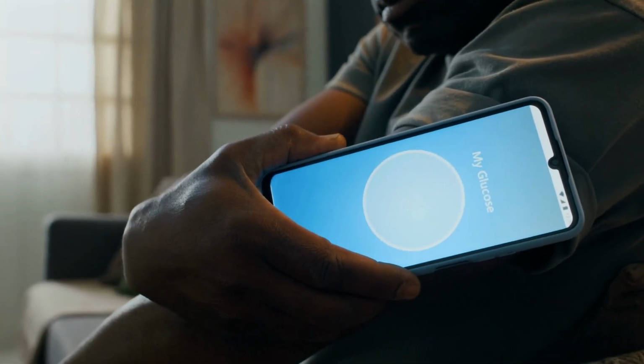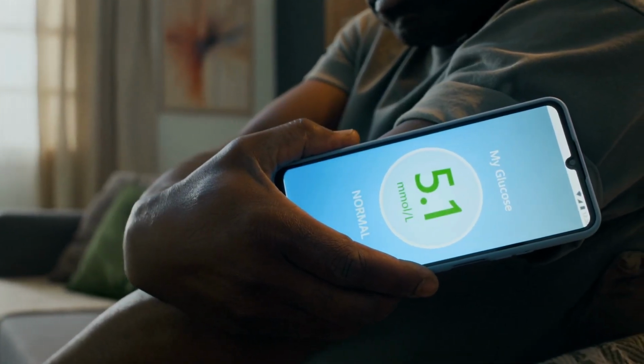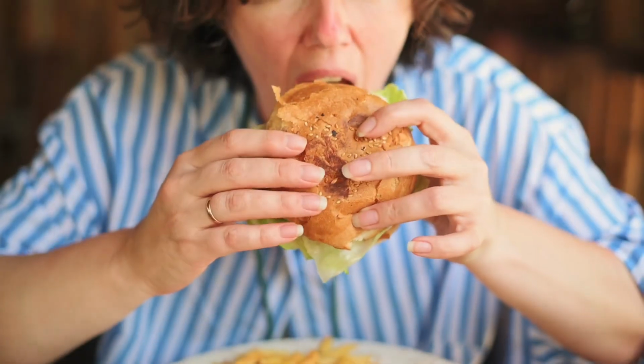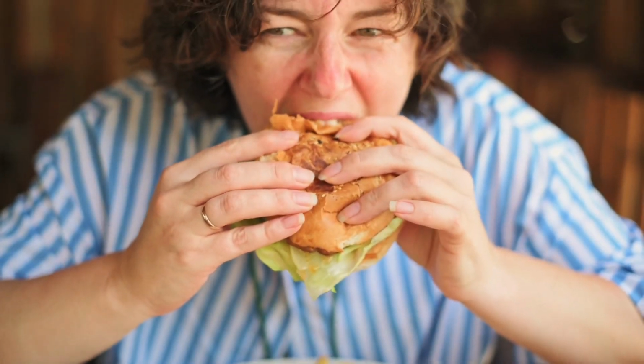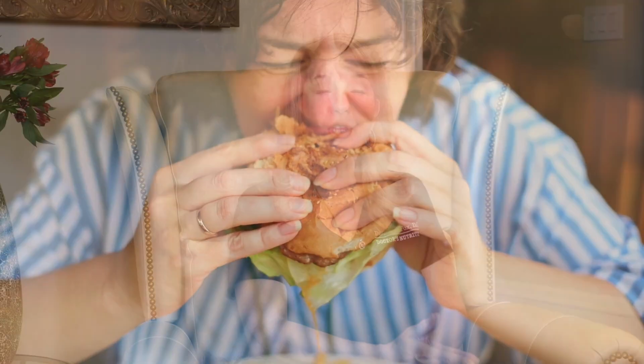Now, one thing that we actually recommend a lot is the continuous glucose monitors. They show you what your sugar is all the time and how it rises and falls. That is a really good piece of information to have because you can figure out which foods are doing it. If you eat a food and your sugar spikes, that's probably not a food you should be eating.